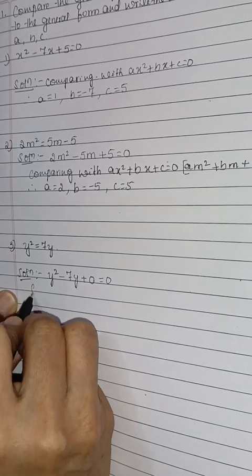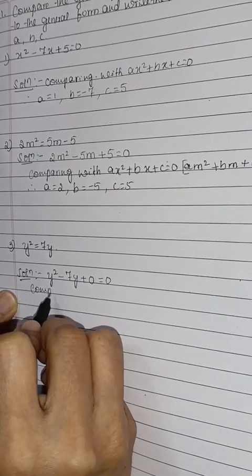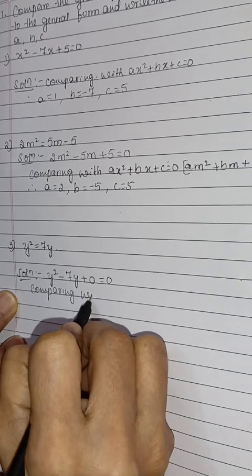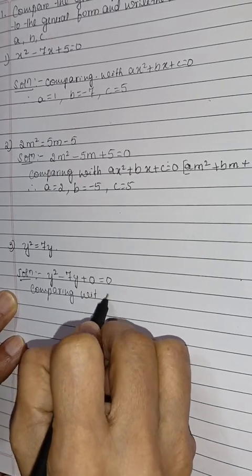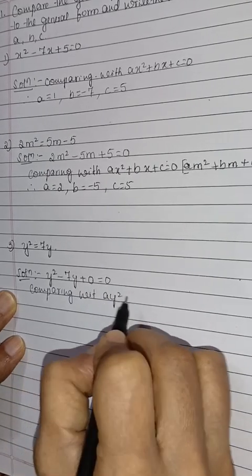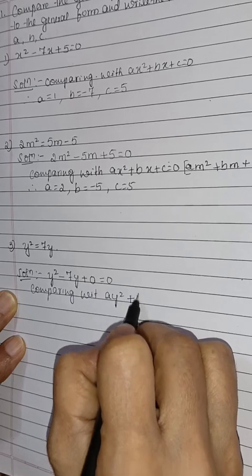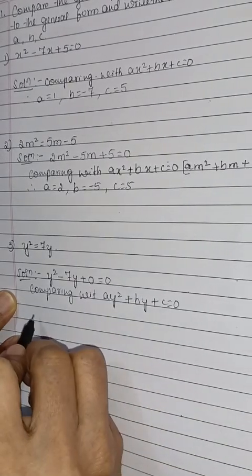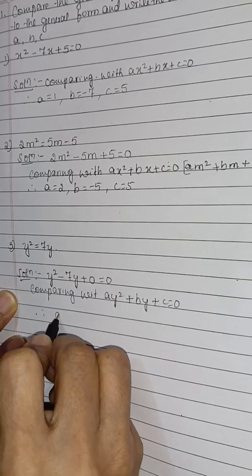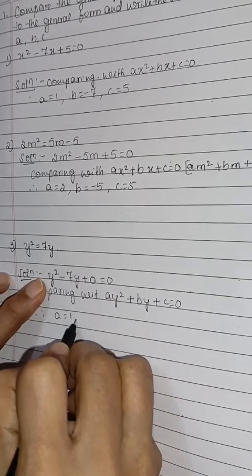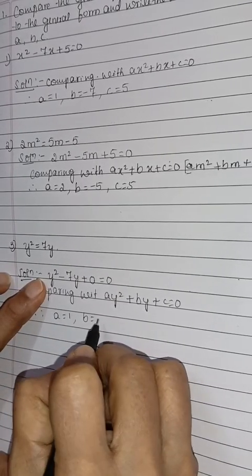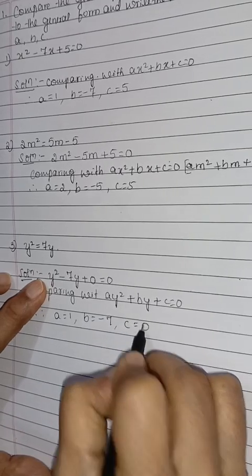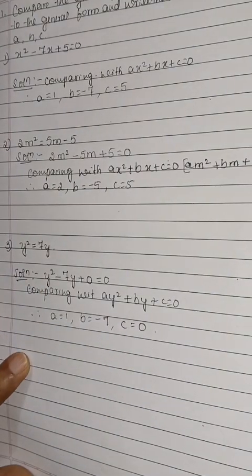Now comparing with ay square plus by plus c equal to 0. Therefore, a is 1, b is minus 7 and c is 0. Okay.